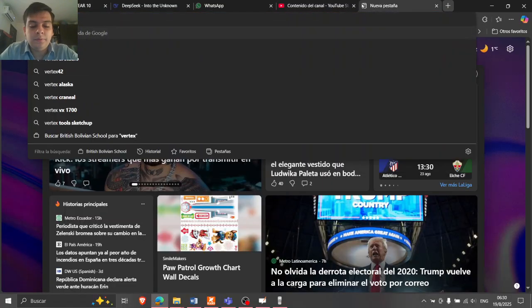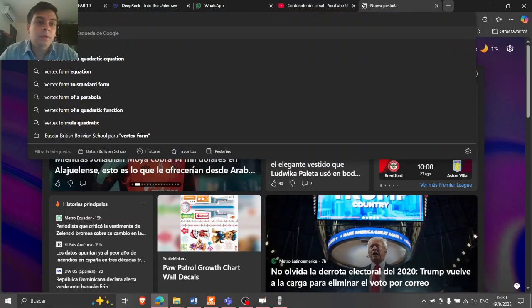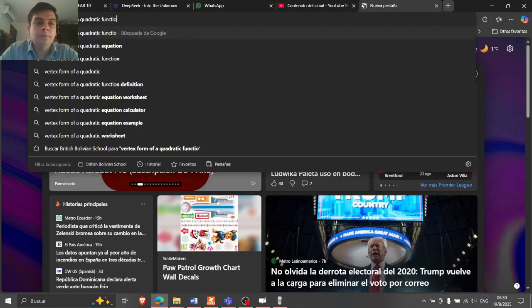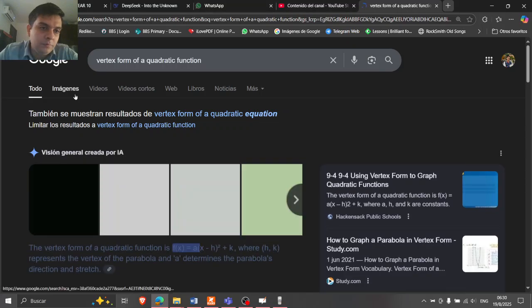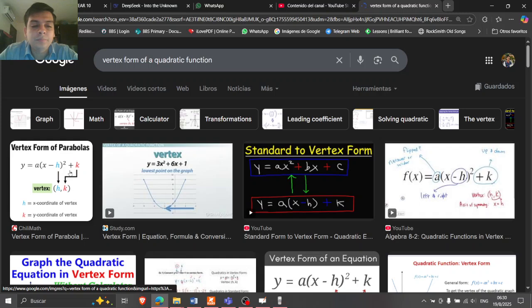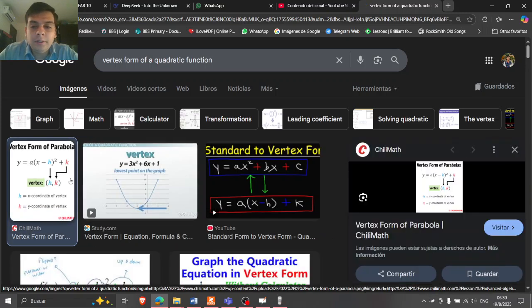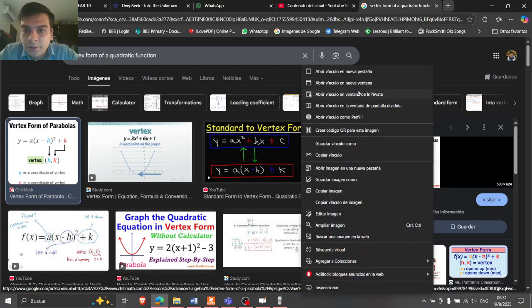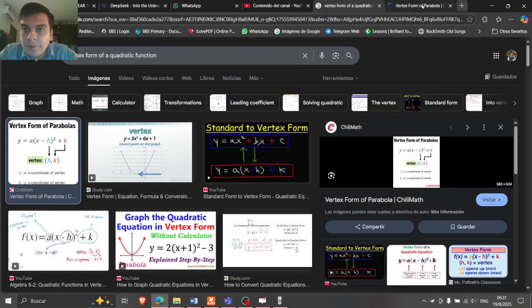Vertex form, quadratic function. You are going to see it like this. Don't worry about what it says in the A. I want to see just the picture.